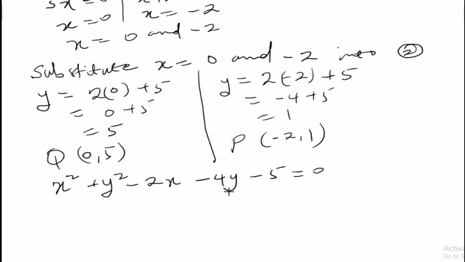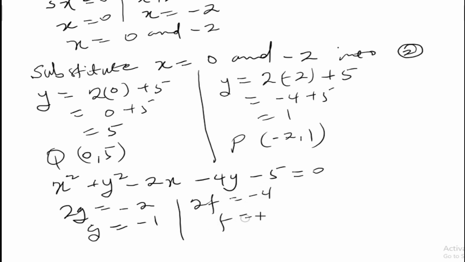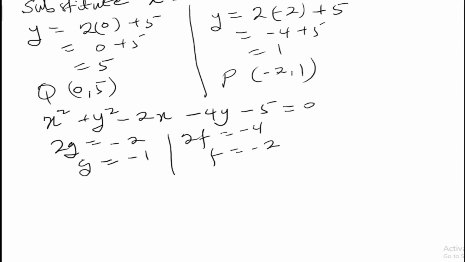Comparing this with the general formula, 2G will be equal to -2. And then dividing by 2, our G will be equal to -1. And then 2F will be equal to -4. Dividing through by 2, our F will be equal to -2. And the center of our circle O is supposed to be (-G, -F).